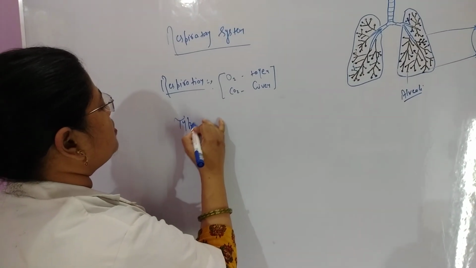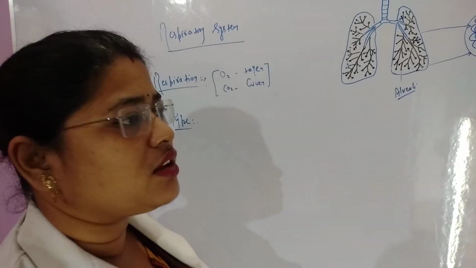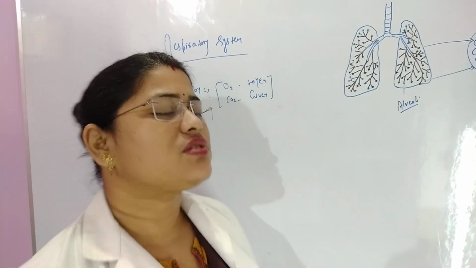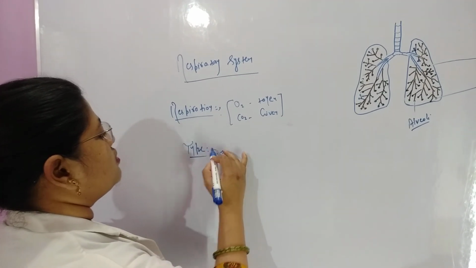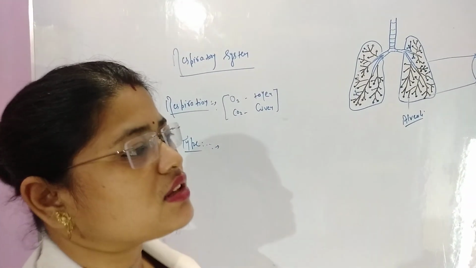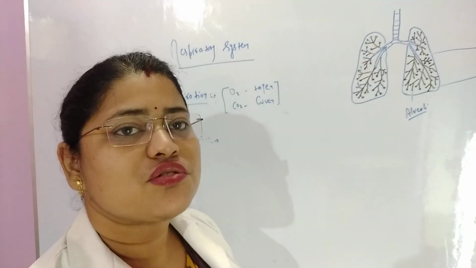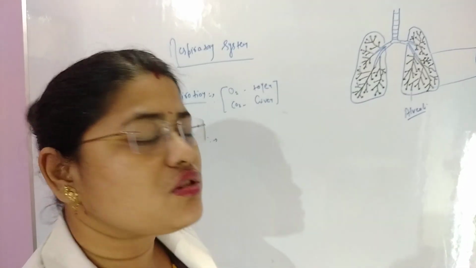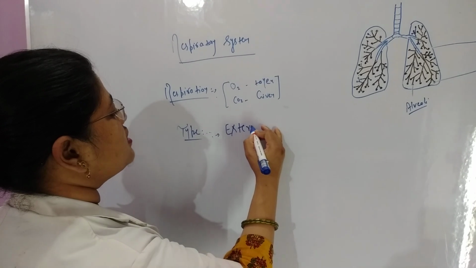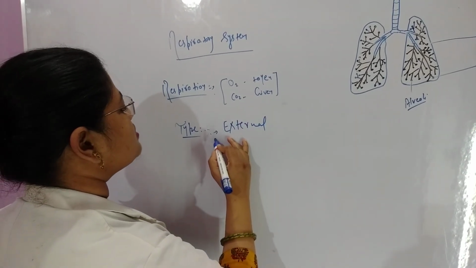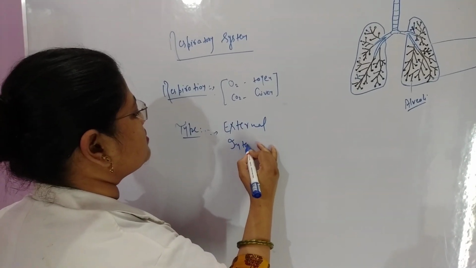Now, types of respiration. The type of respiration depends on the site of exchange of O2 and CO2. One is external respiration and the second is internal respiration.